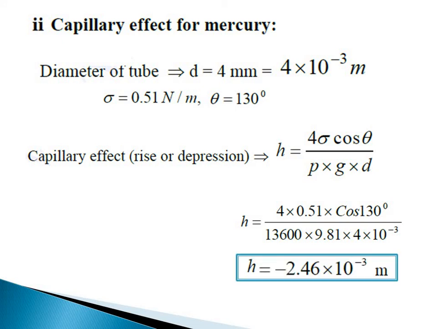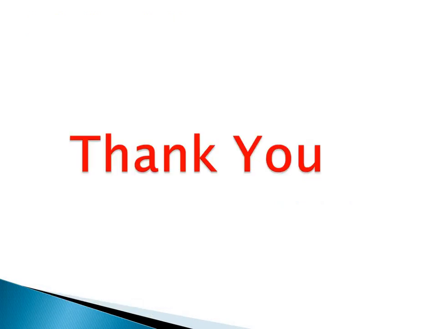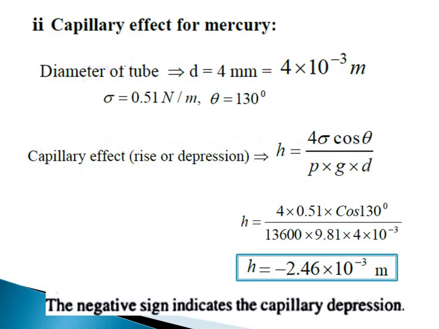So from that H is nothing but minus 2.46 into 10 to the power minus 3. The negative sign again indicates depression, so the decrease in mercury level is nothing but 2.46 mm.